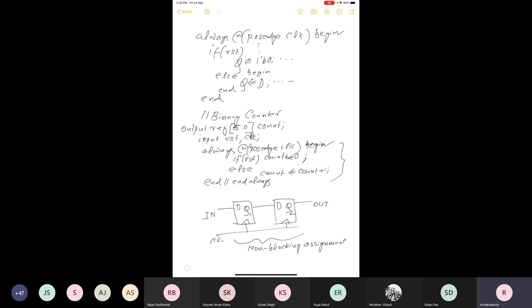So it does not wait for the first flip-flop to finish updating its value. In computer science terminology, this value change in the second flip-flop does not block. It is not waiting for an event to happen.